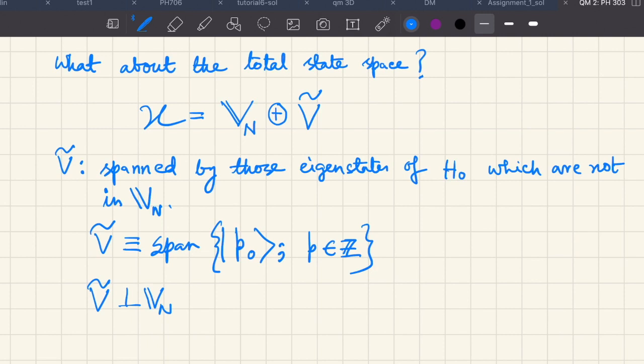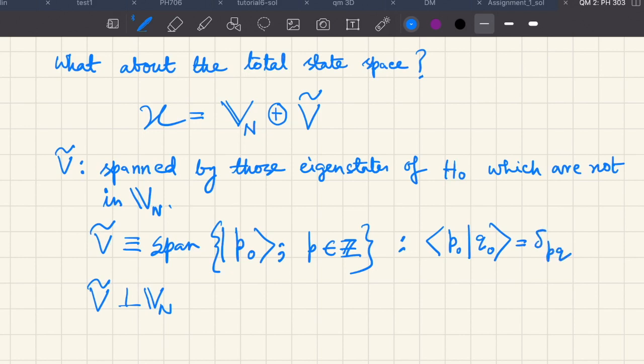That means the inner product of any state outside the degenerate subspace with a state in the degenerate subspace is 0. What does it mean then? It simply means that first of all the states P naught, Q naught, which belong to V tilde, are orthonormal.